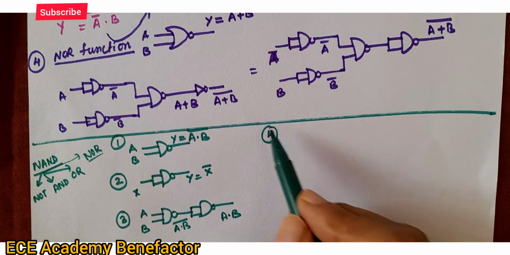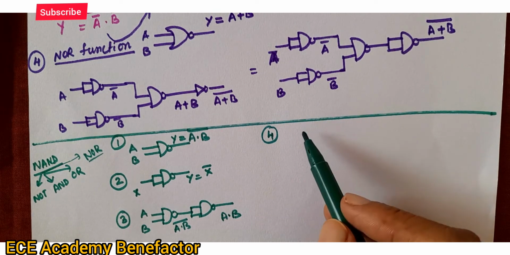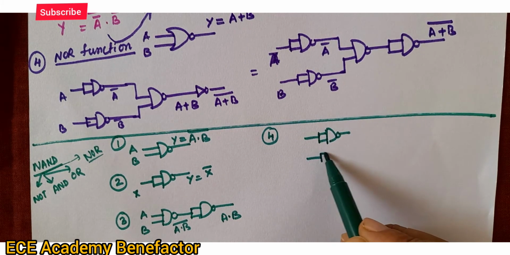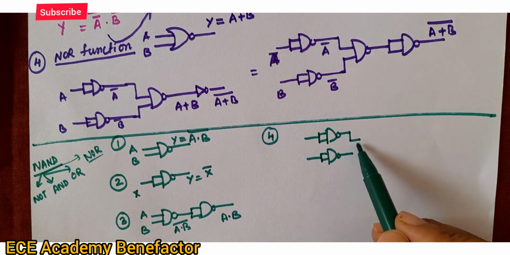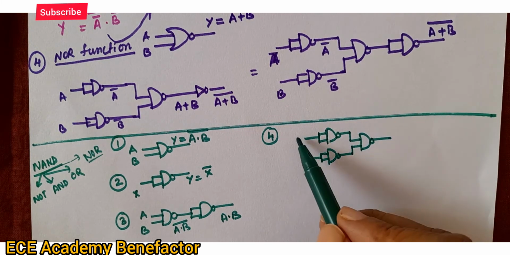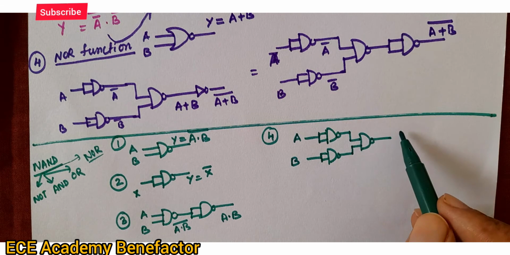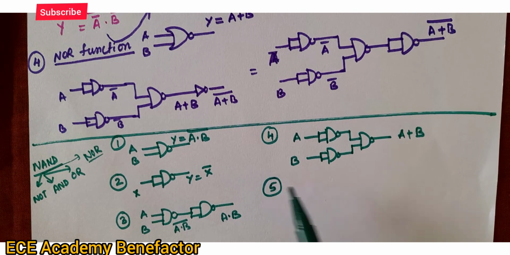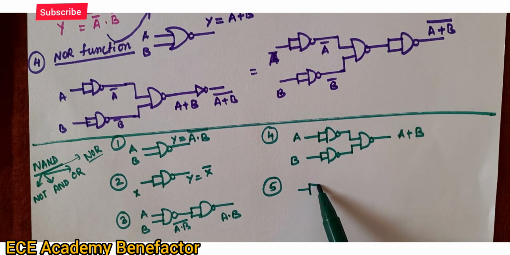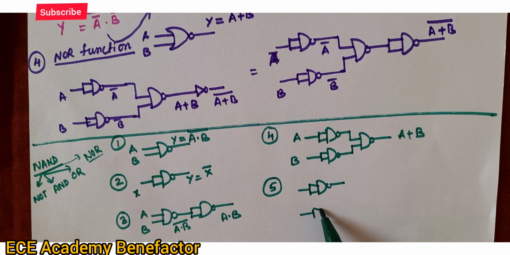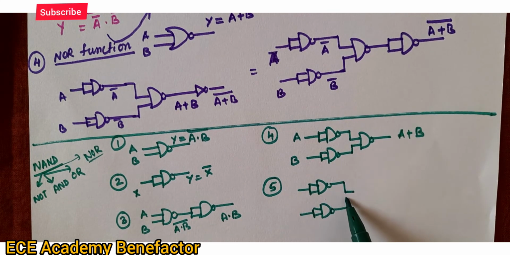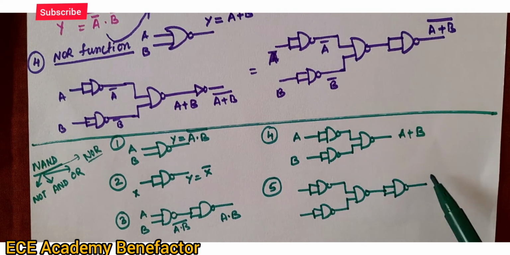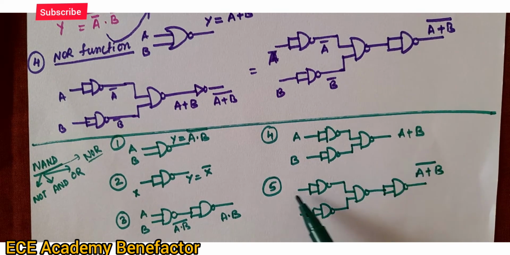Coming to the fourth diagram, what we have done? OR function. OR function means A bar, B bar, given it to a NAND gate, A, B, so it will come as A plus B, OR function. Fifth one, what we have seen? NOR function. NOR function means A bar, B bar, given it to a NAND gate and then given it to a NOT gate to get A plus B the whole bar.